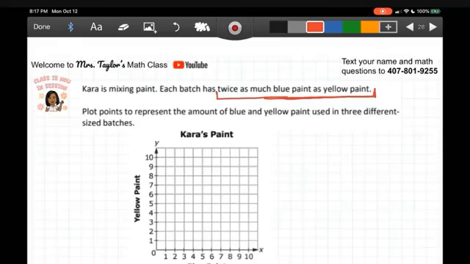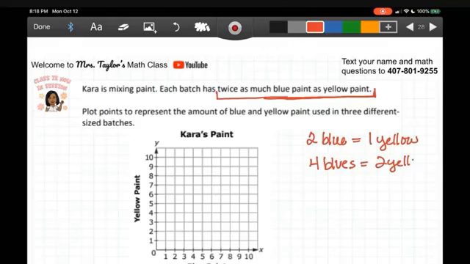So here, if I have 2 blues, then that means I have 1 yellow. If I have 4 blues, then I have 2 yellows. If I have 6 of the blue, then I have 3 yellows.